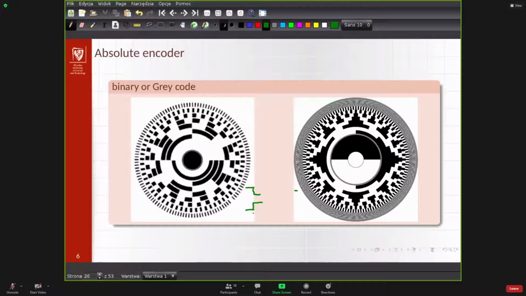And if you have a problem with sampling, and you are usually sampling with a microcontroller, you don't really get the data at exactly the same time. You are probably reading either the first and then the second, or the second and then the first, and it may happen that one of them has not switched yet, and the second one already switched. So that's the problem that appears in the binary code. But great, you know that.